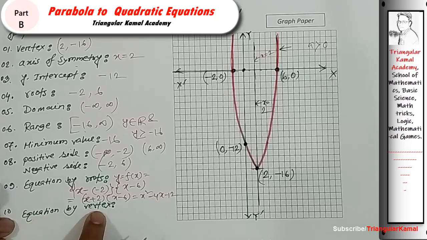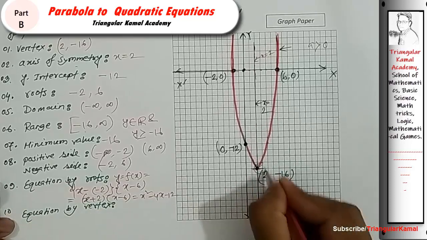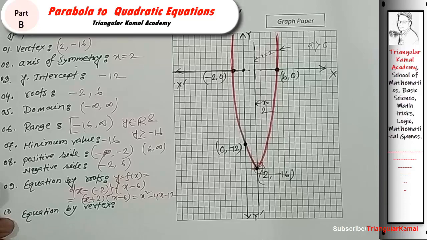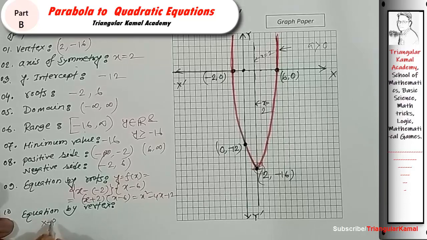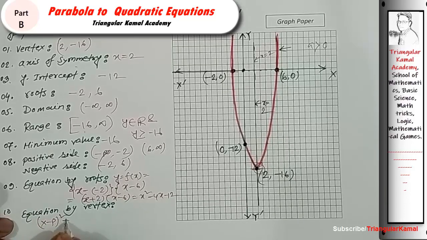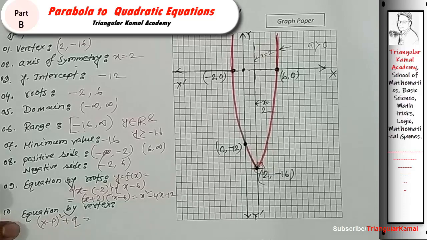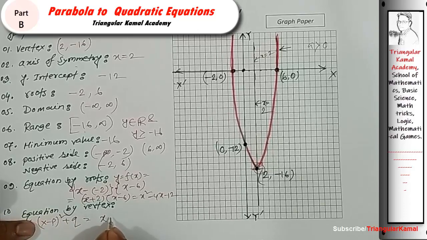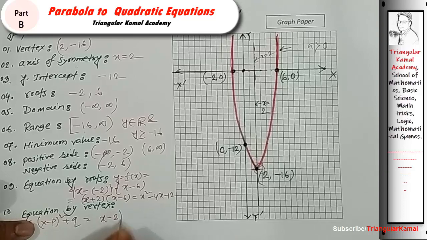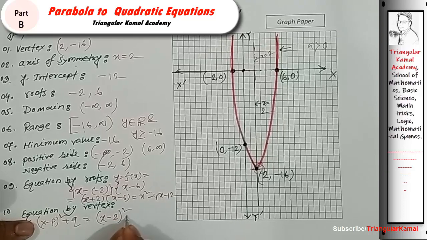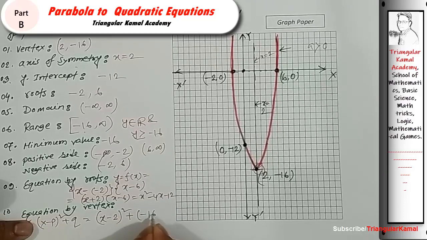And the equation of the parabola using the vertex. The vertex is this point, and the standard form of the vertex form is x minus p whole squared plus q. So using x, and the value of p is 2, we get x minus 2 whole squared plus q, where q means minus 16.